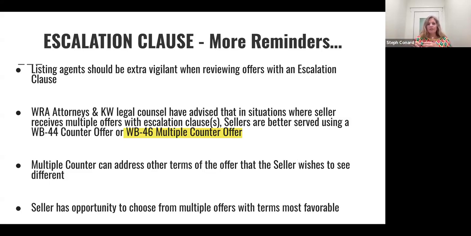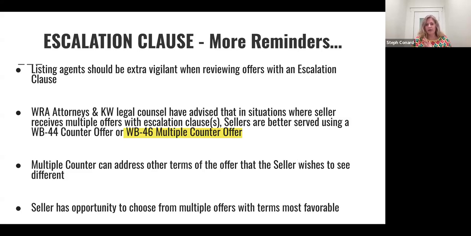So it's not automatic. The seller doesn't have to accept an offer with an escalation clause right off the bat. They might want to see other things change. Maybe they want the closing date to be different. Maybe there's another offer that didn't have an inspection contingency, and sellers want to see if the buyer with the escalation clause would also accept an offer without an inspection contingency.